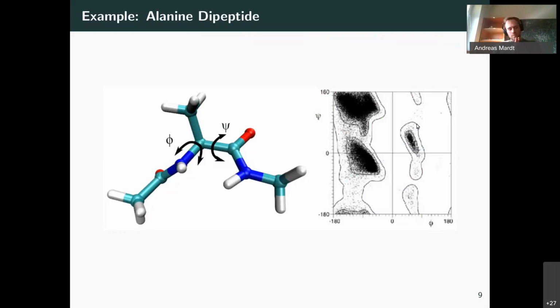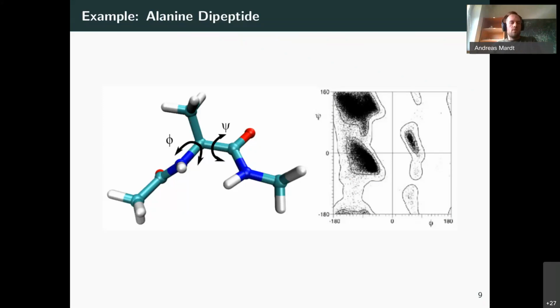Okay, so now the idea is, we know phi and psi are the important angles, but we will not give these phi and psi angles into the neural network. Instead we give really the positions of the heavy atoms into the neural network. So the network gets the coordinates of the heavy atoms, doesn't know anything about these angles, and we ask it to give me 6 states.